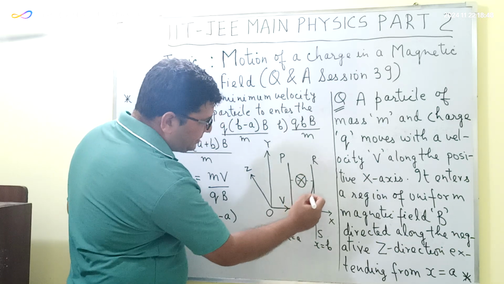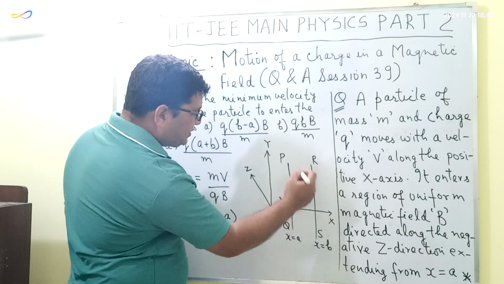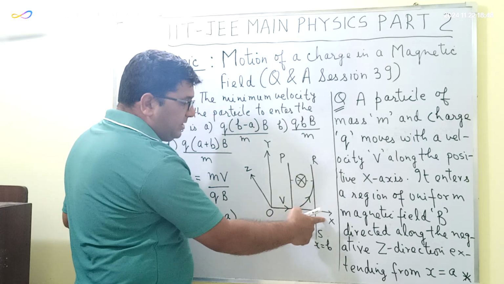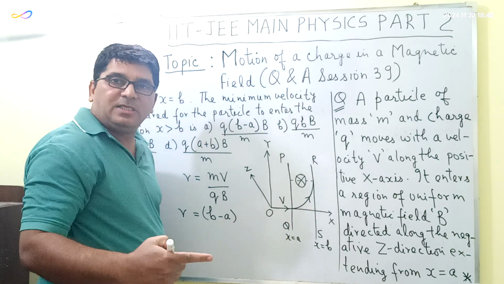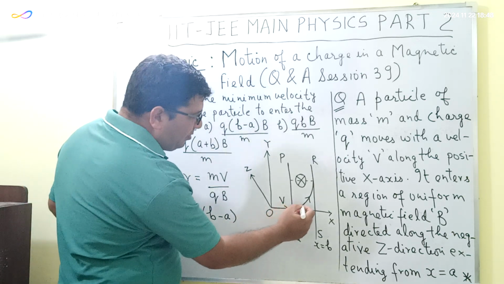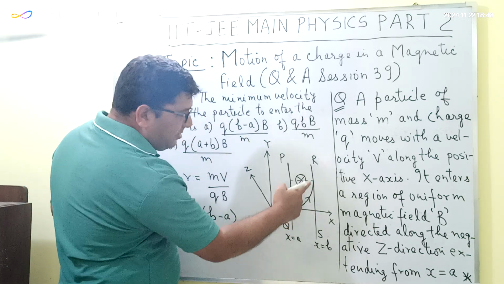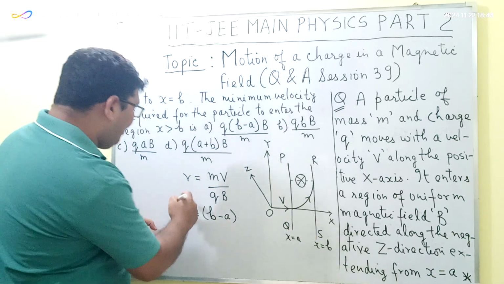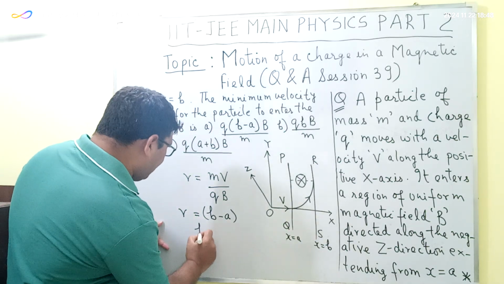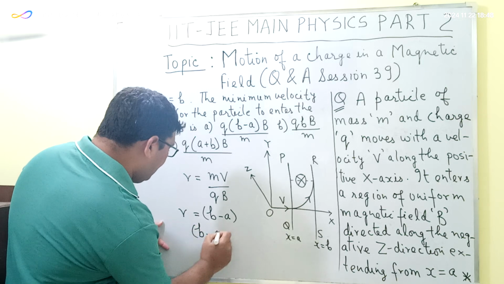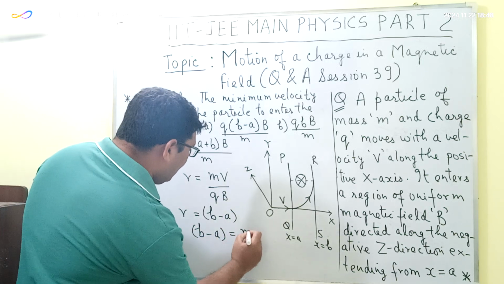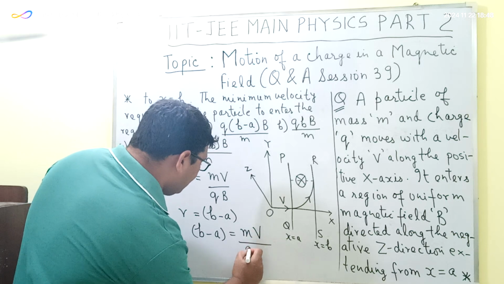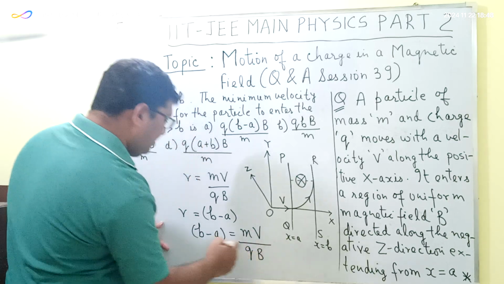And for that purpose, because the velocity is perpendicular to the direction of the magnetic field, it will follow a circular path and the radius will be equal to b minus a. So if I put the value of r as b minus a here, I will get the minimum velocity v by this equation.